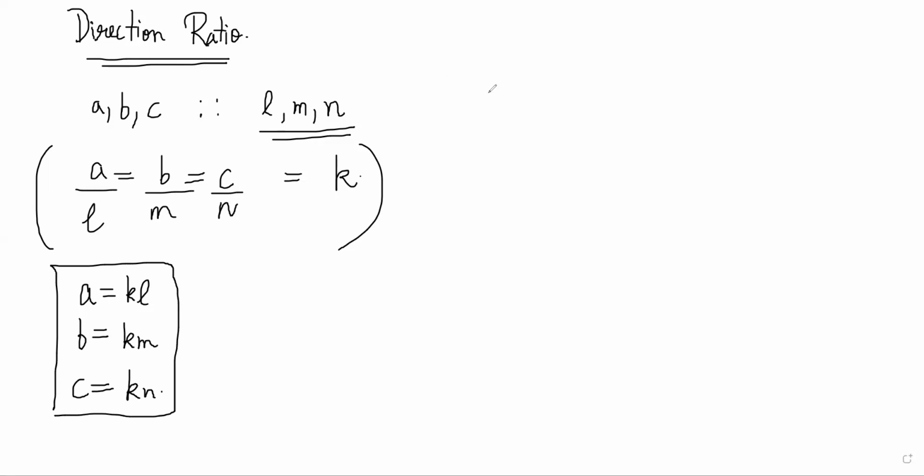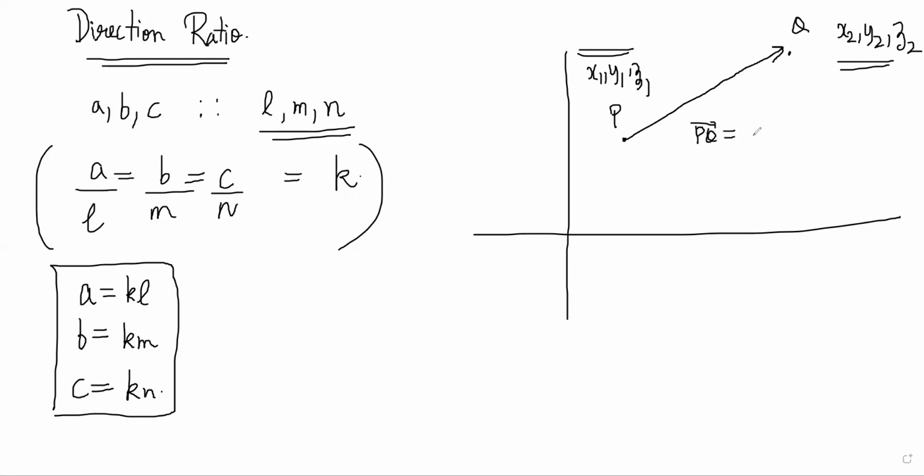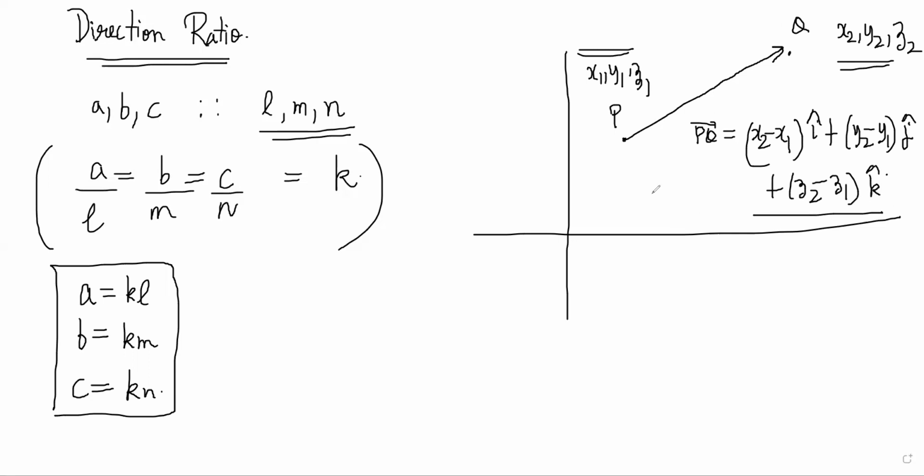Now, what is the physical meaning of this? For example, if you have 2 points, P and Q, and P was x1, y1, z1, and Q was x2, y2, z2. The segment joining P and Q can be described by the vector PQ, which has components x2 minus x1 i cap plus y2 minus y1 j cap plus z2 minus z1 k cap, right?